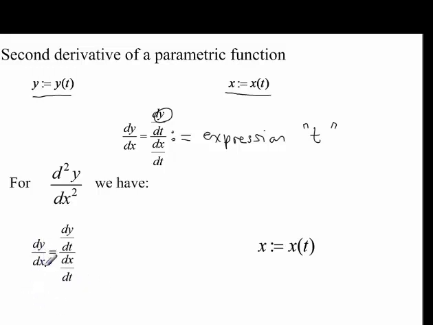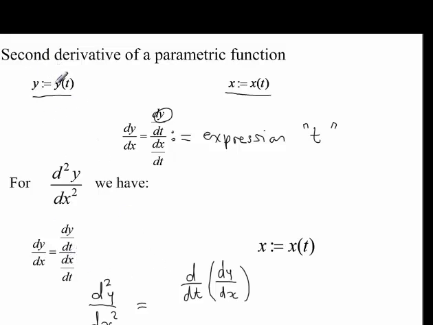So now, the second derivative is going to look like this. We will say d²y/dx² is going to be equal to, if we replace this y by dy/dx, then this is going to be the derivative with respect to t of dy/dx, because that dy/dx now plays the role of y.